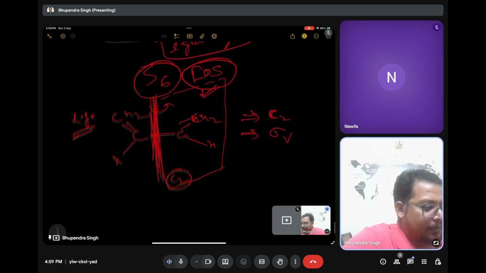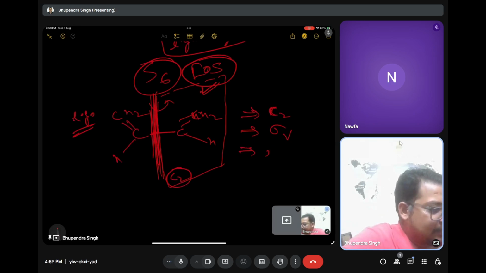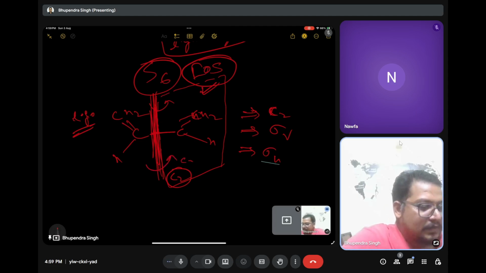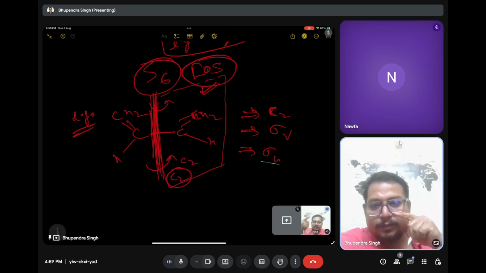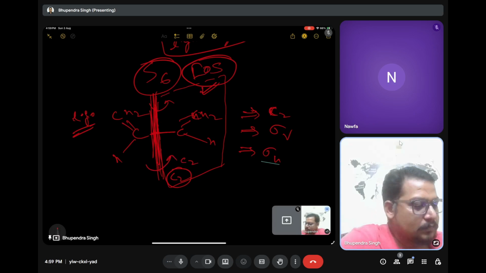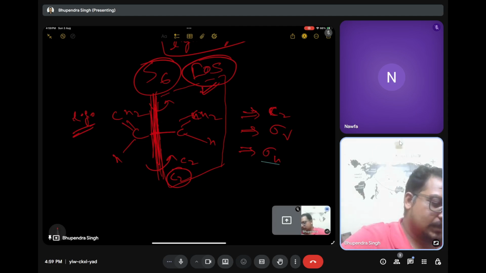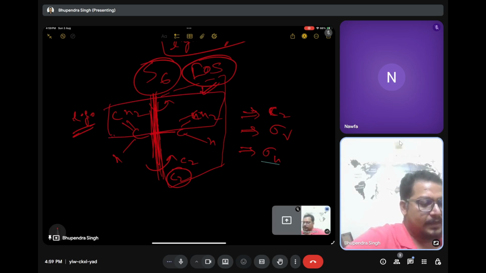Now I try to find out whether sigma h is present or not. This was your axis of symmetry, so perpendicular to that it will be your sigma h. I don't think sigma h is present, because if you take this plane, this H will reflect here, this will reflect here.